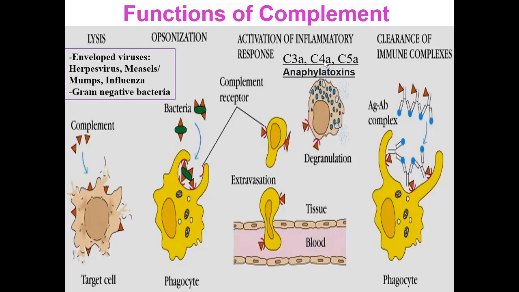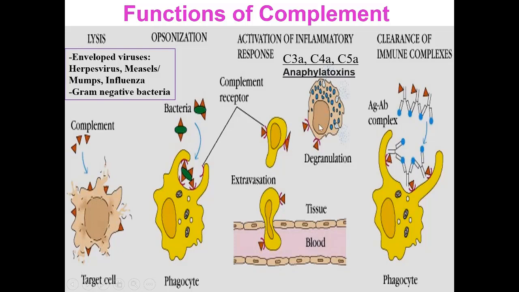C3a, C4a, and C5a that are produced during the activation of the complement system are called anaphylatoxins, and these fragments can increase the inflammation by increasing the extravasation.